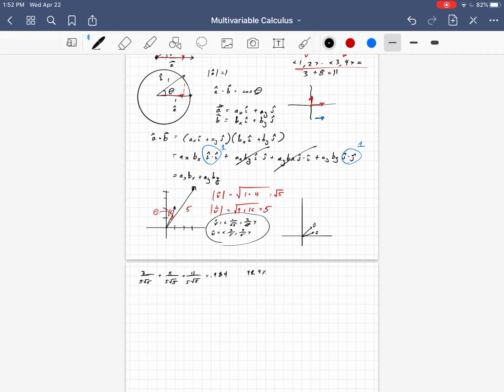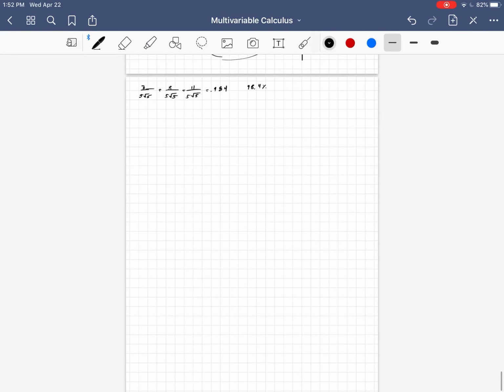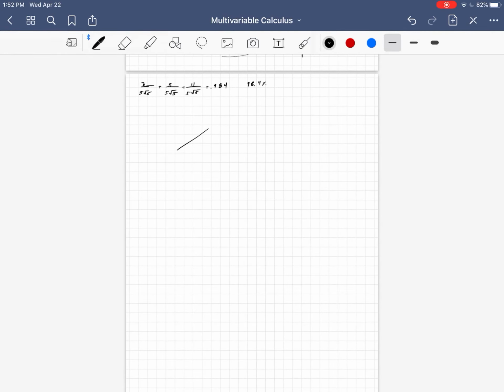And one other thing I would like to mention is that the dot product is also tied into the law of cosines. So if I were to imagine a triangle here and think of the side lengths as vectors instead.